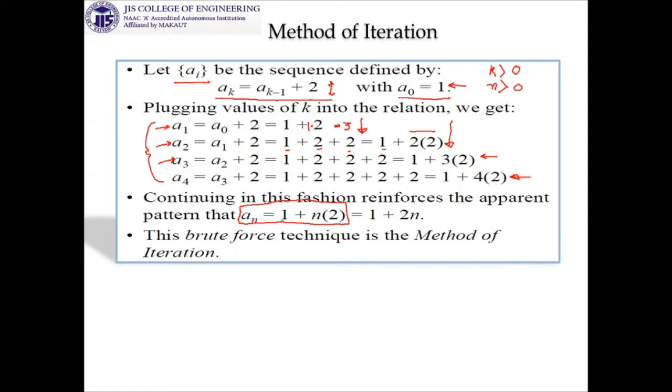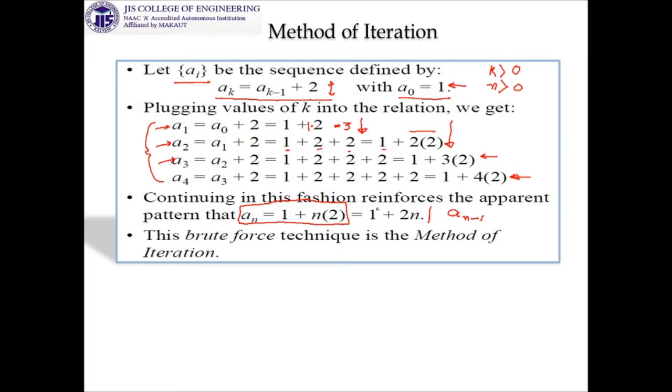After simplifying, we get 1 plus 2n as the final expression. Look at this: 1 plus 2n is not depending on an minus 1, whereas ak depends on ak minus 1.